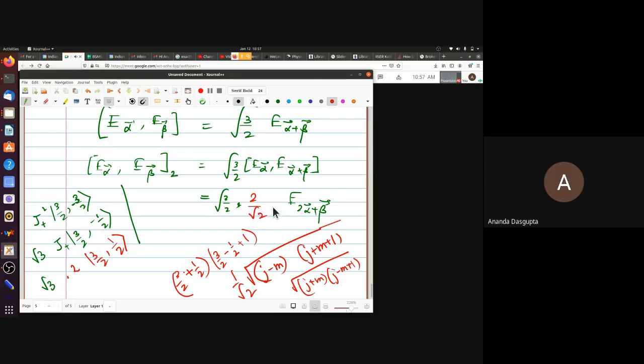So you get a 2 by root 2 in our example. But that should give you a root 3, right? After you cancel everything. Is that correct?